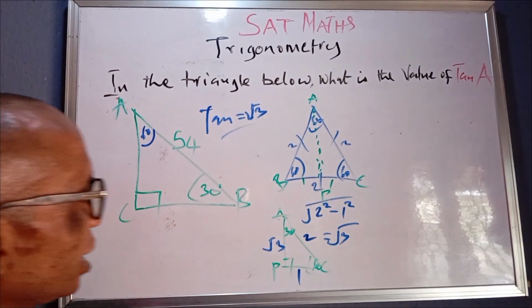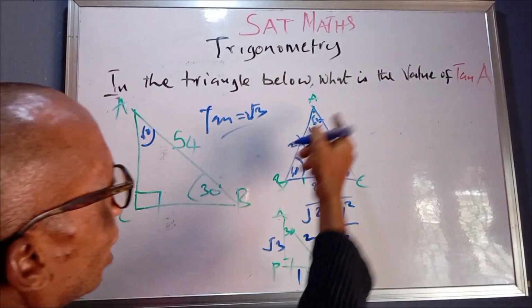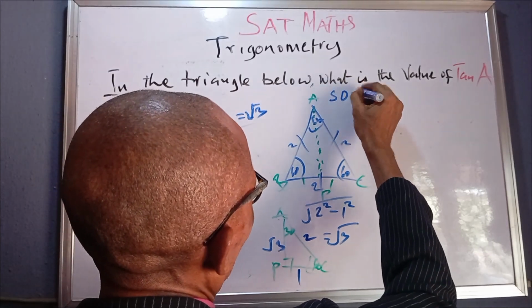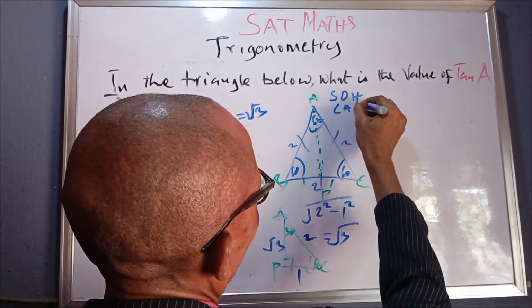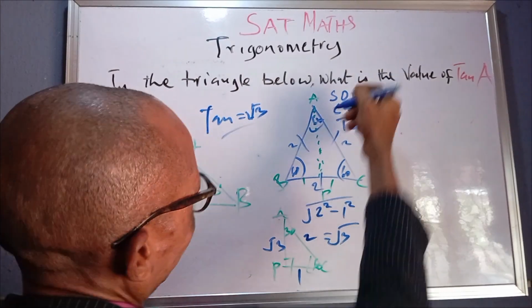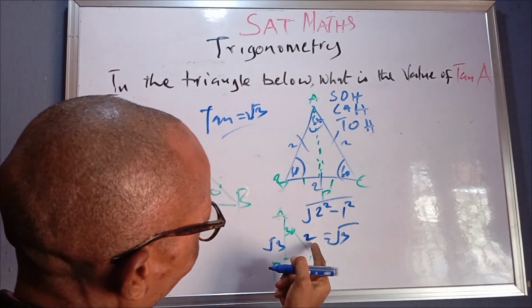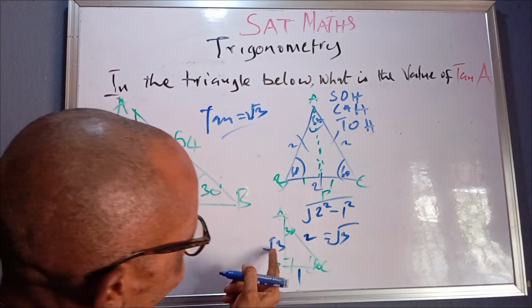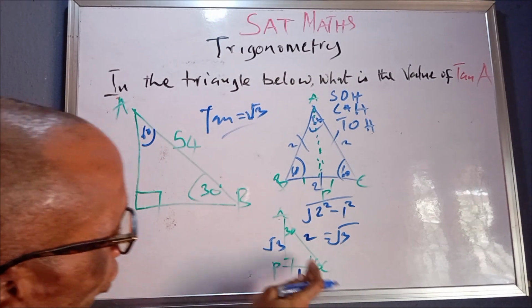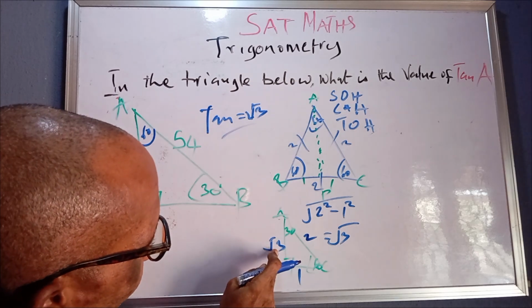So with this, from SOHCAHTOA, sine is opposite over hypotenuse. So sine 60 here, the opposite is the side facing the angle, so the opposite here is root 3 over 2.